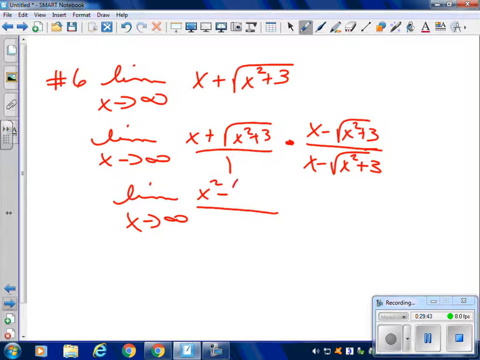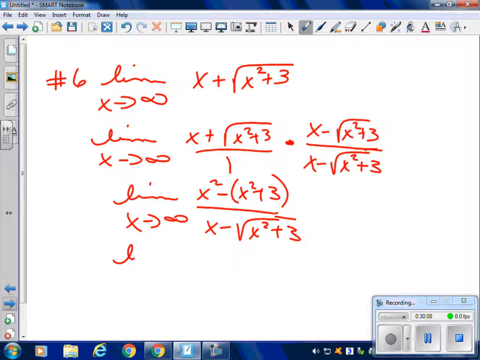Cancels, but then it puts parentheses in because you took it out of a grouping symbol. It's still got to be in some kind of grouping symbol. The bottom, 1 times anything stays the same. So if I distribute the negative, do you see that the squares cancel? Does everybody see that?